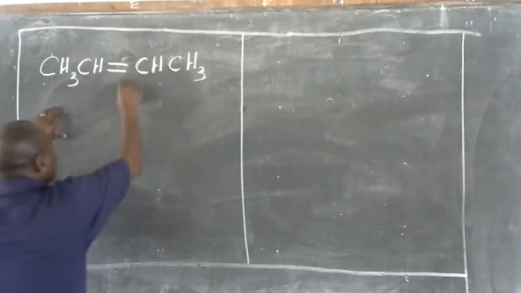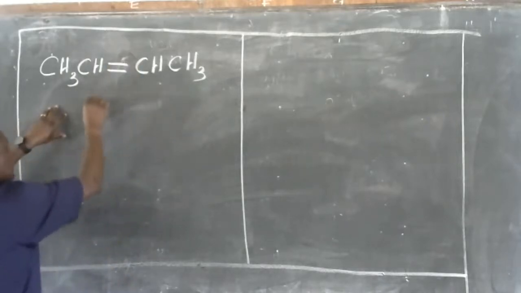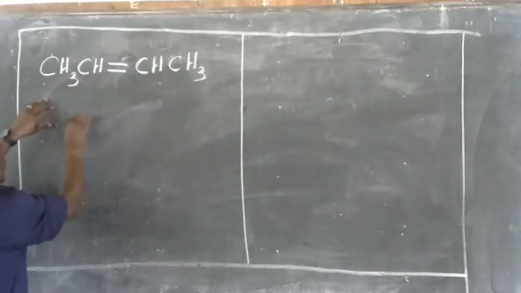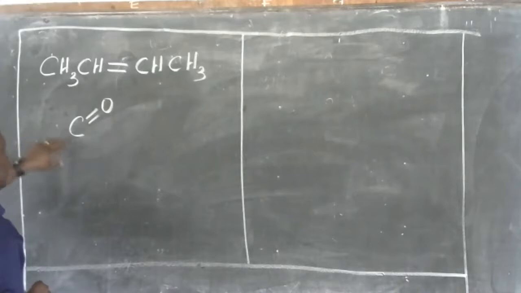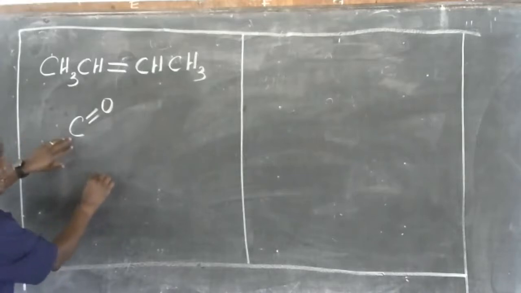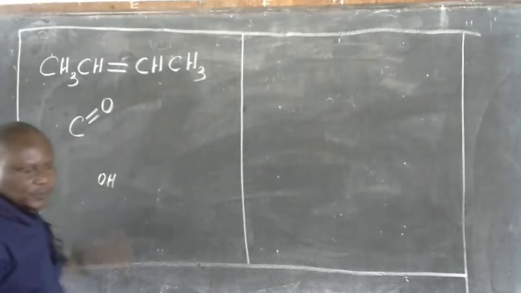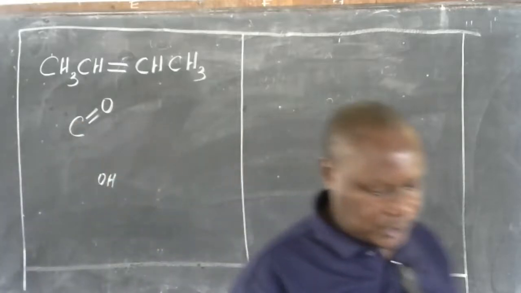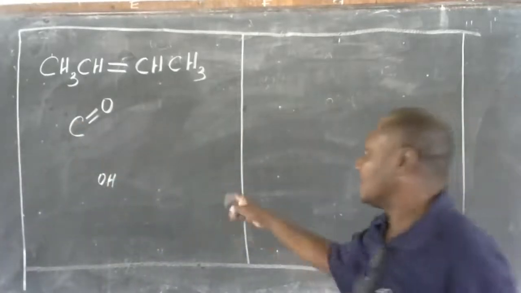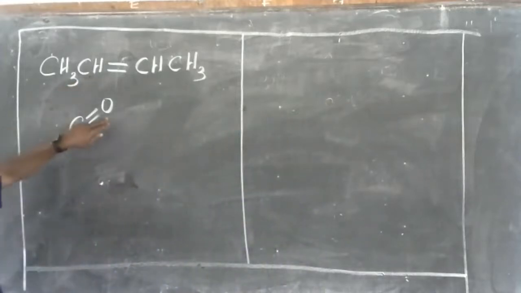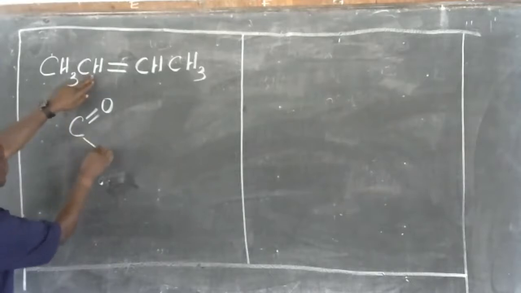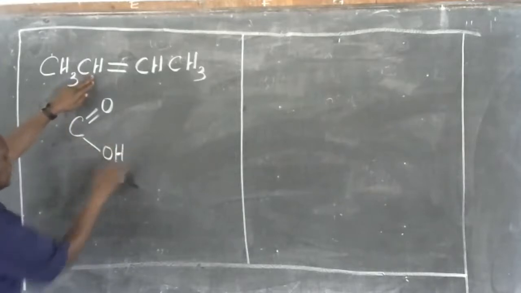This bond is not broken down completely, and the carbon is going to give us C double bond O, and the hydrogen gives us OH.